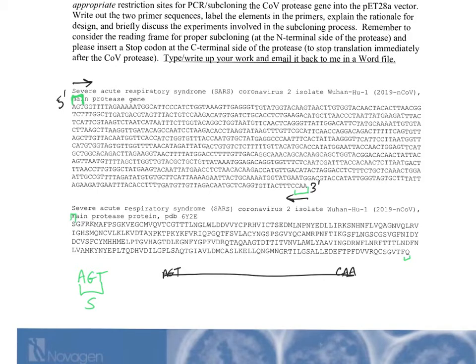Now, we're going to end up subcloning both strands. If we look at the other strand of this, the other strand is going to be TCA, all right? And then this one here would be TTG.